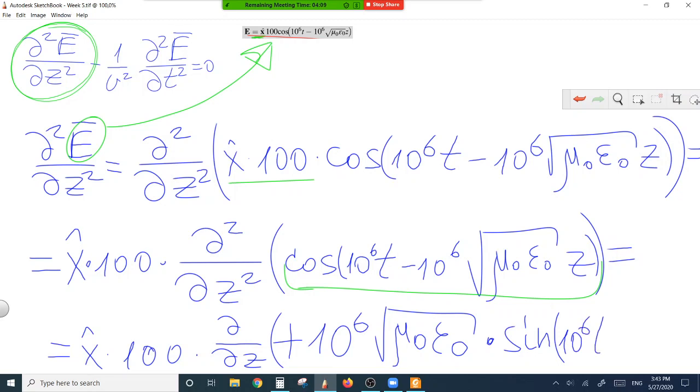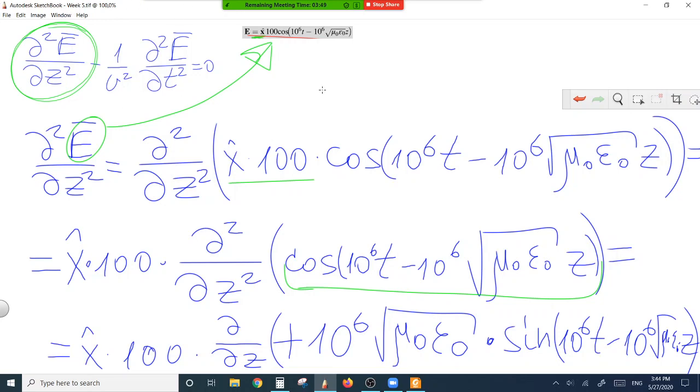Sine of 10 to the 6 t minus 10 to the 6 square root of mu 0 epsilon 0 multiplied by z. Inside the square root there is mu 0 epsilon 0.